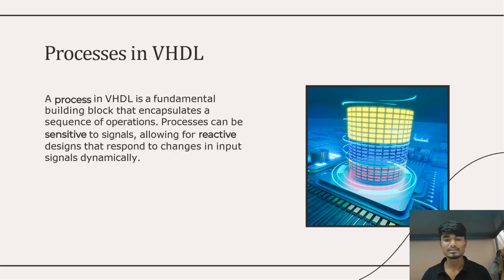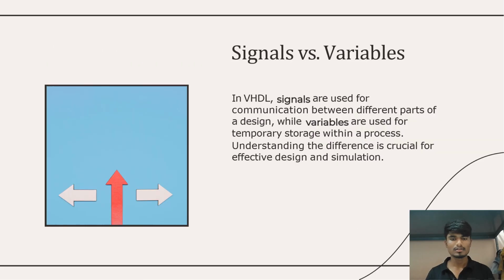Sequential statements: inside a process, statements are executed sequentially, unlike outside the process where all statements are concurrent. Combinational logic using processes: a process can model combinational logic by ensuring all signals read inside the process are part of the sensitivity list.